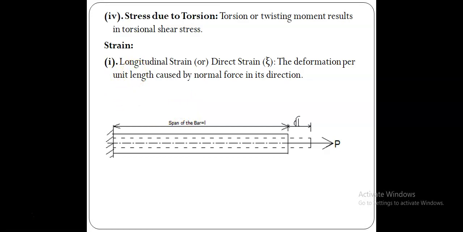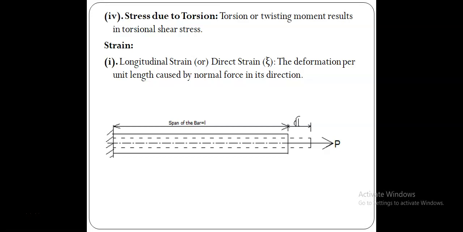Then next, strain. How can we find the strains? What are the types of strains? Let us see one by one. The first one is longitudinal strain, or it is called direct strain, or linear strain.